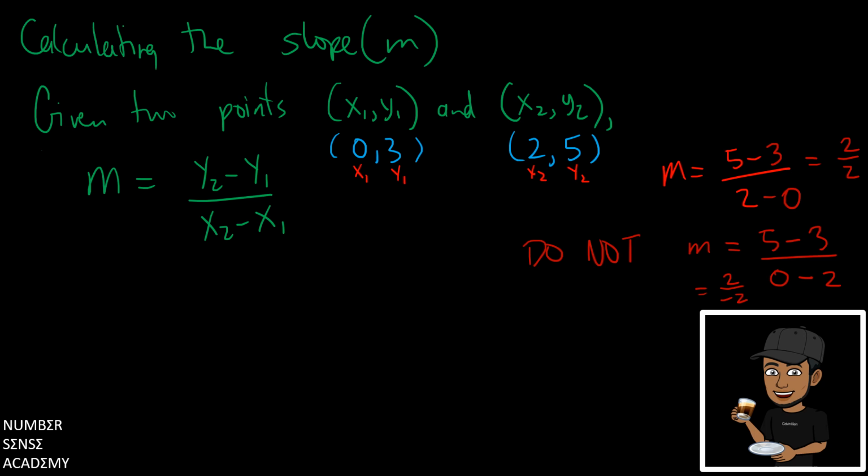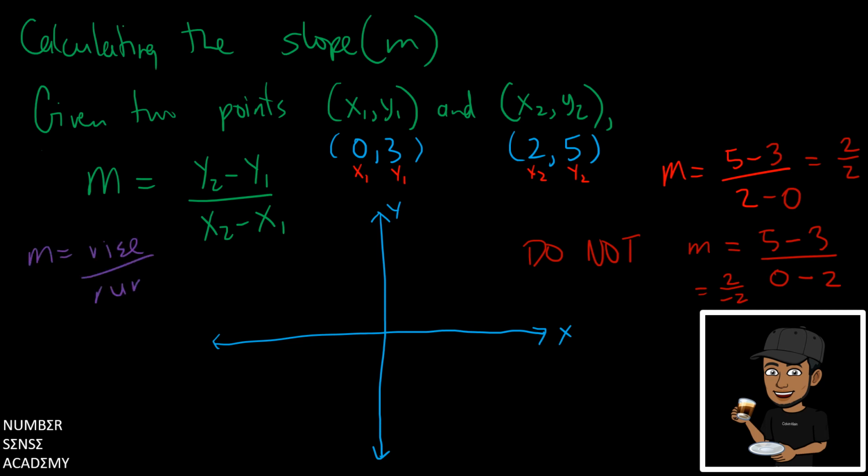All right. Now let's get back to this. If I put this on a graph, y, x. Remember, m equals y2 minus y1 over x2 minus x1. We know that this is the rise over run. So I'm going to pick two arbitrary points: this point here on the y-axis and this point sitting out here.